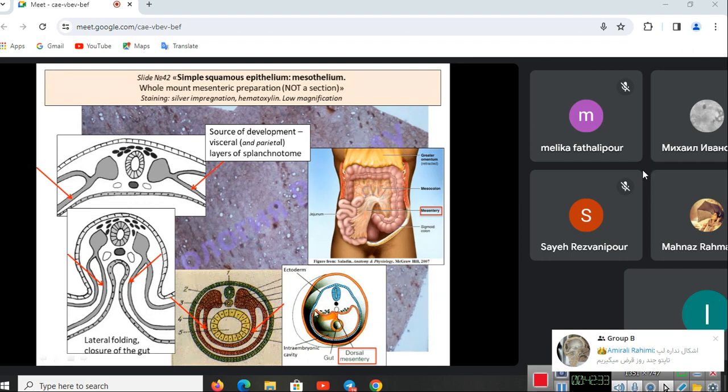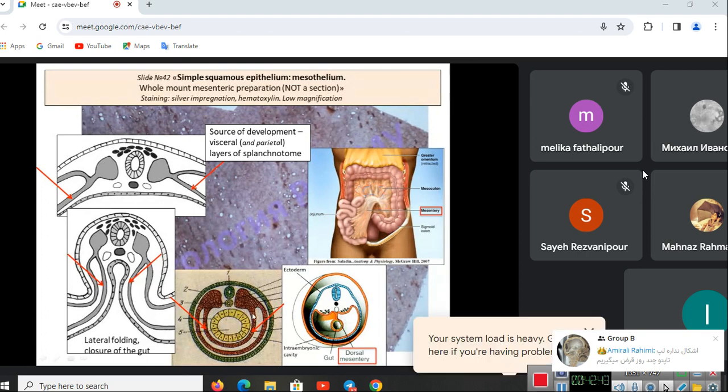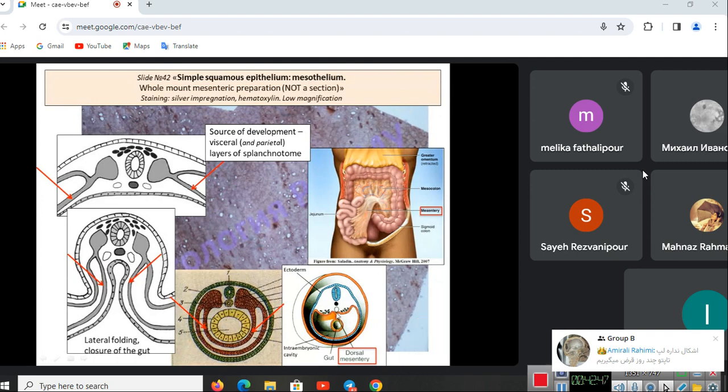And as you can see here, the visceral layer of splanchnotome from left and right sides fuse together and elongates. And this area where the left and right parts come close together and elongate, this area will make the mesentery, which is finally shown here, and it looks like this.